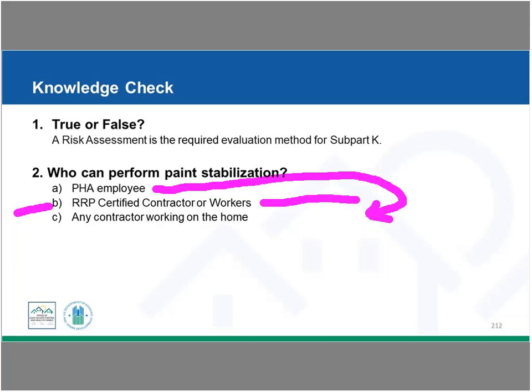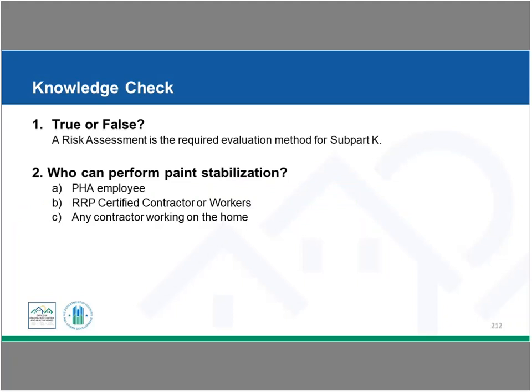But again, the key here is somebody who has been trained as an RRP contractor or worker is the correct answer for who can perform paint stabilization. So that's my last slide.